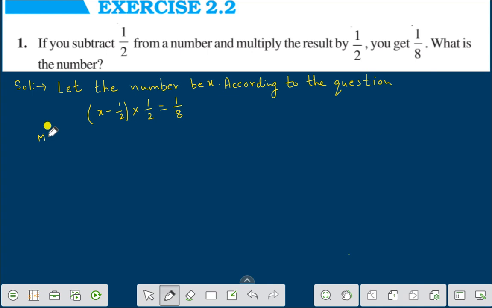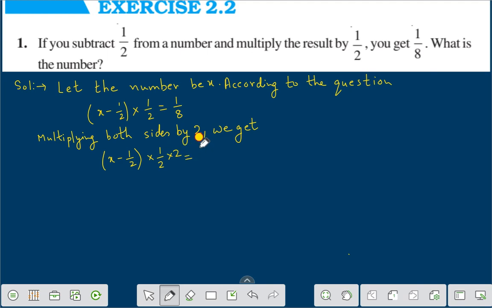Multiplying both sides by 2, we get (x minus 1/2) times 1/2 times 2 is equal to 1/8 times 2.